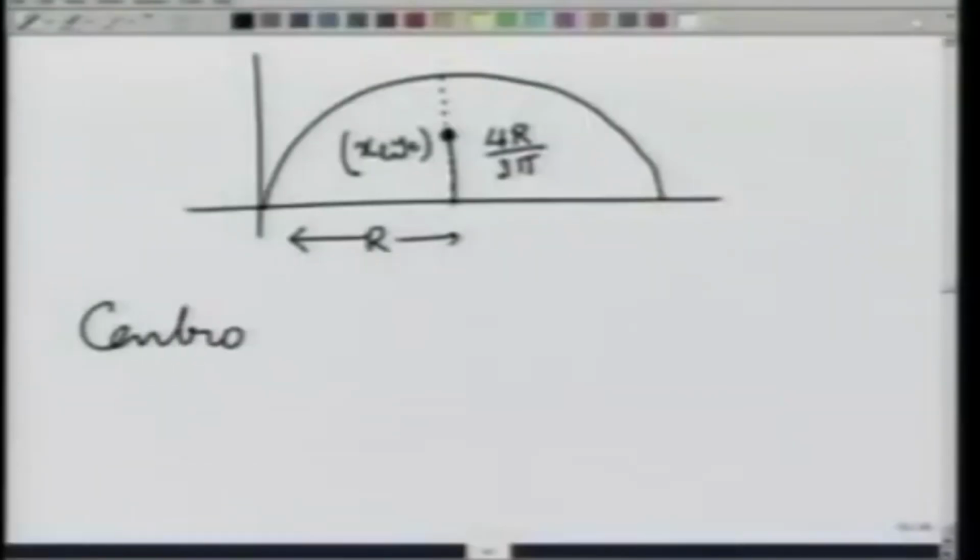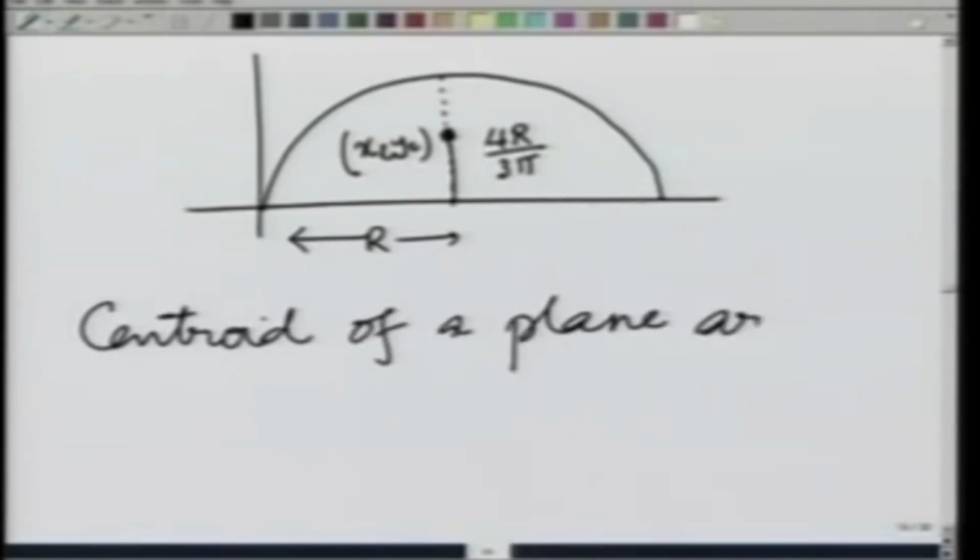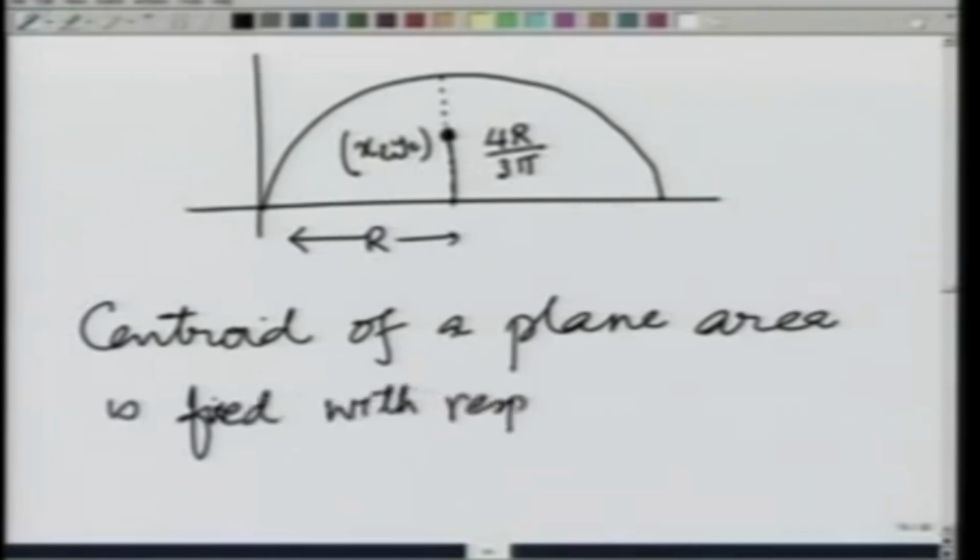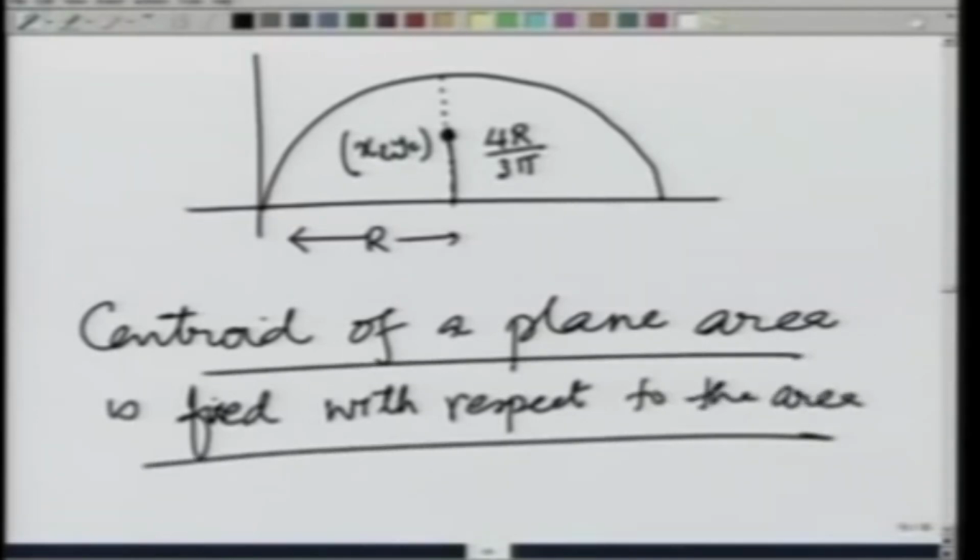So, centroid of a plane area is fixed with respect to the area. And let us see how we can prove this.